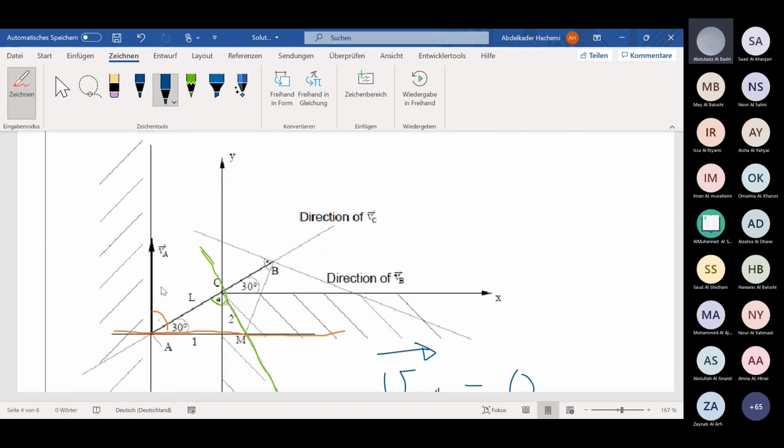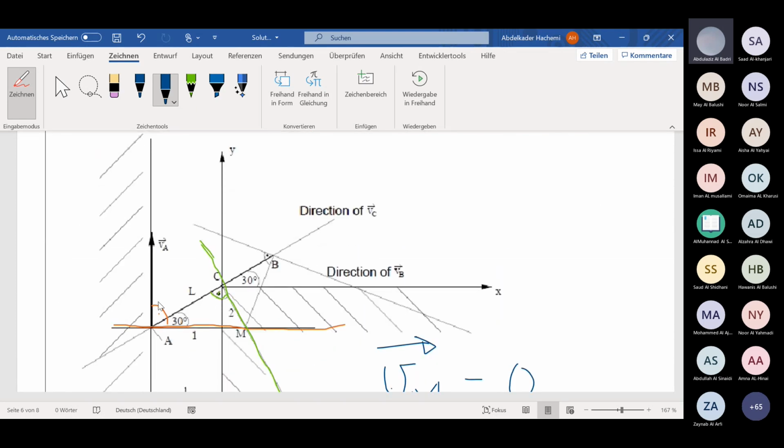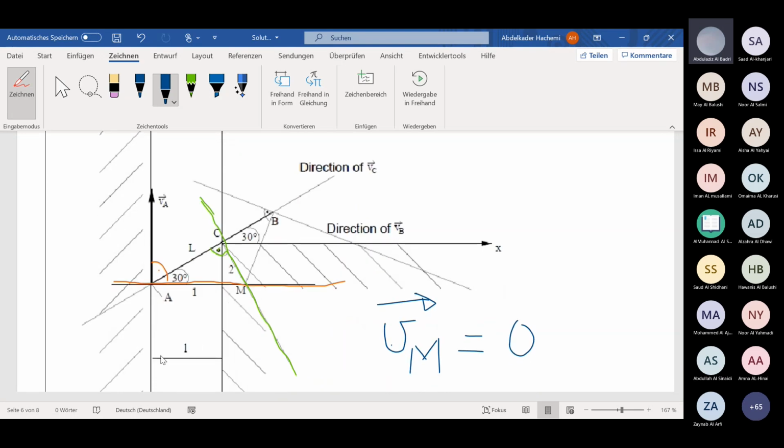That means we have here RA, which has the distance L. If we take this coordinate system and put it here, we have the angle phi, which is 30 degrees.